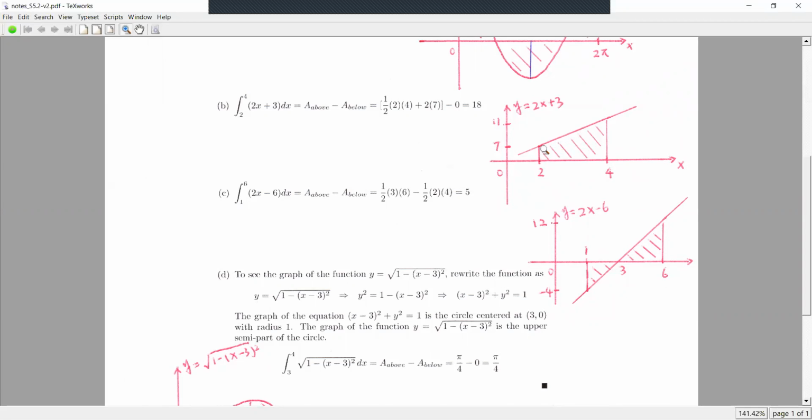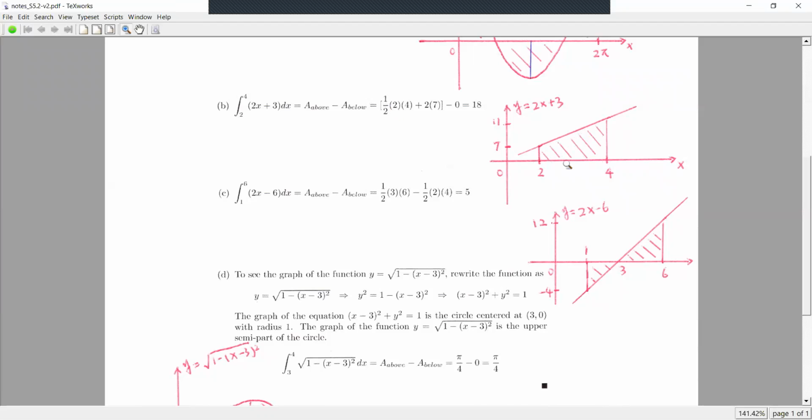You can cut the trapezoid into a triangle and a rectangle. Draw a line through this point, parallel to the x-axis. Then this line will cut the trapezoid into a triangle and a rectangle. The triangle's area is 1/2 times base.